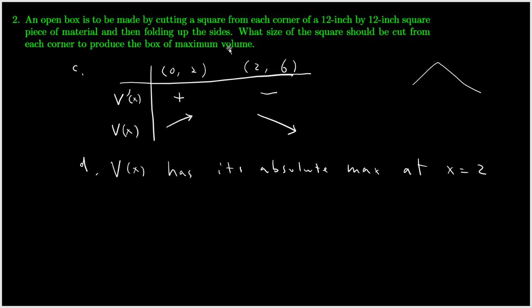Do you know what I mean? We're only looking for the location. We're not looking for the value. What I'm trying to say is that if you are not asked to compute the volume, you do not need to compute the volume. You just answer the volume is the largest, the absolute maximum, when x value is 2. Okay. And then you are ready to answer the question.